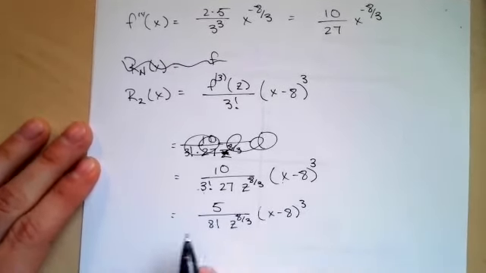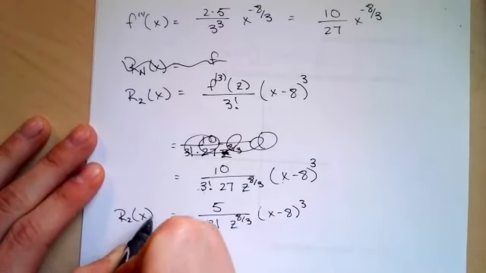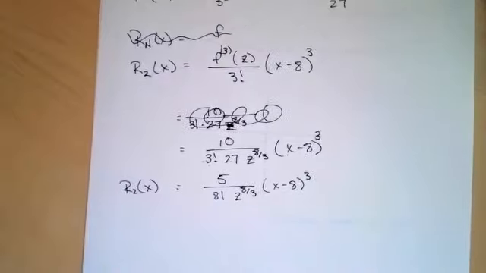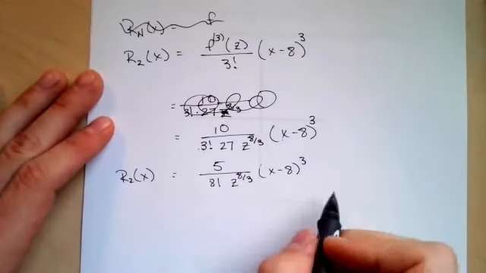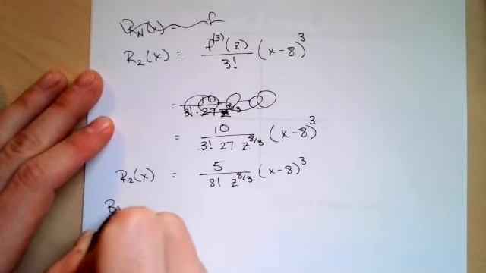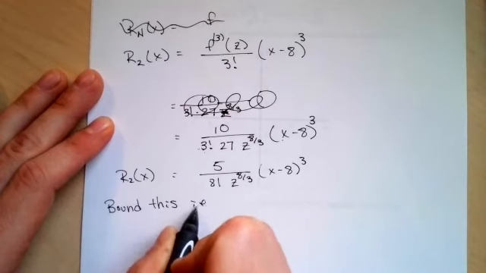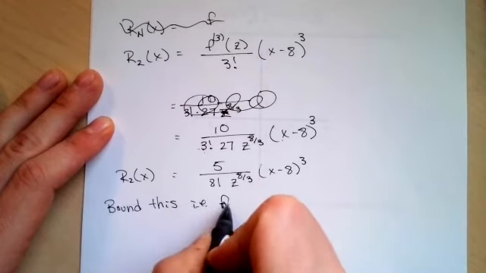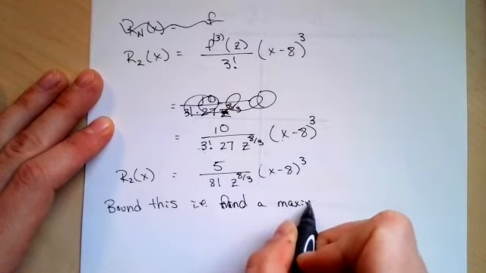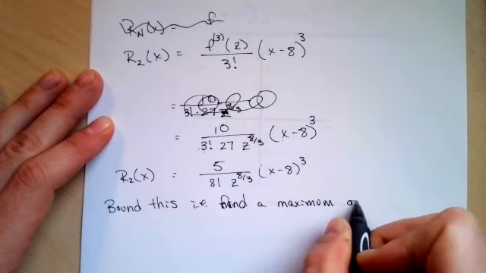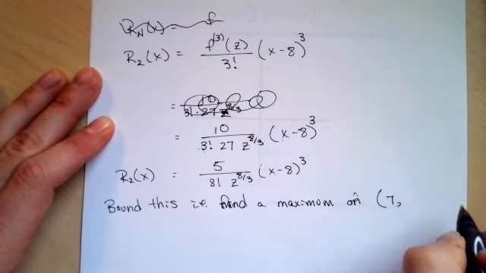So this is going to be our expression for the remainder of the degree 2 polynomial. And we want to bound this, i.e., we want to find a maximum on 7 to 9.